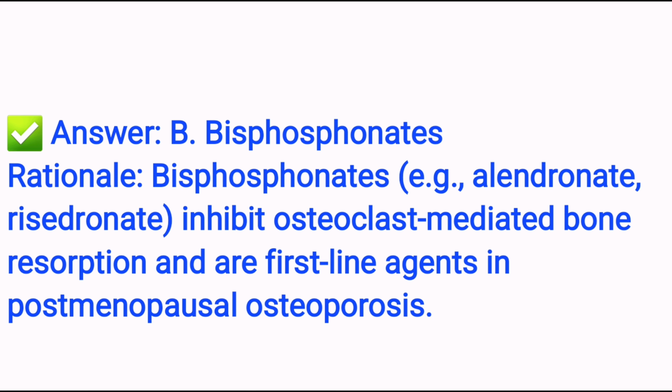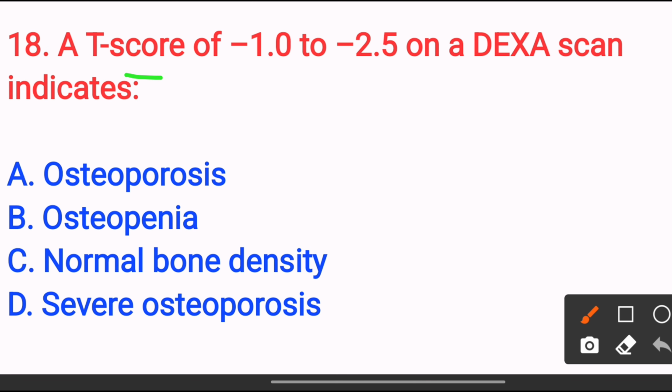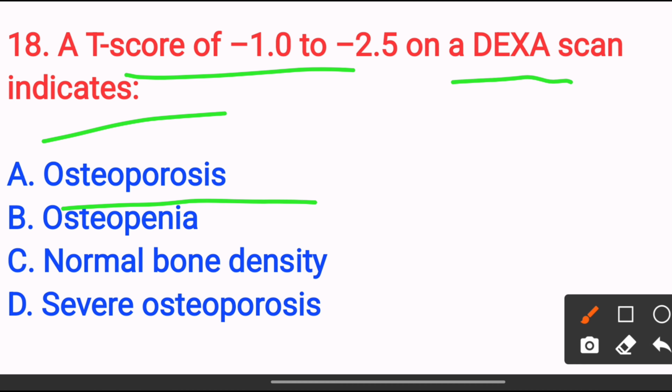Next, a T-score of minus 1.2 on DEXA scan indicates option A, osteoporosis. Option B, osteopenia. Option C, normal bone density.